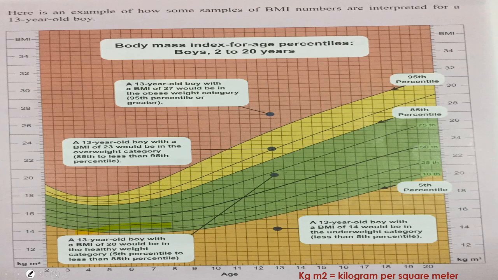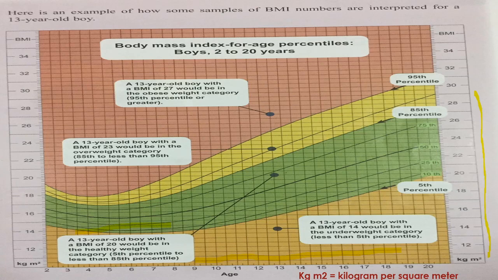As you can see here, this is the age for children, and this is for the kilograms per meter squared.